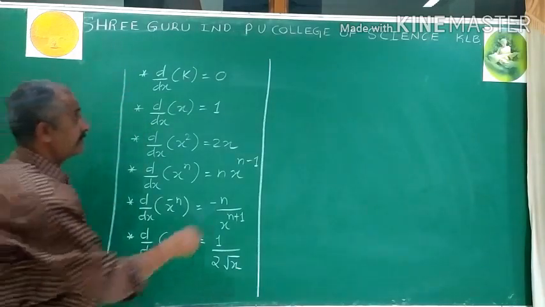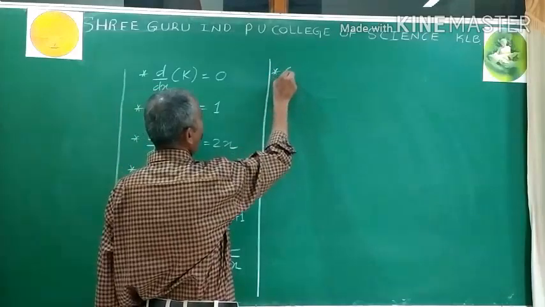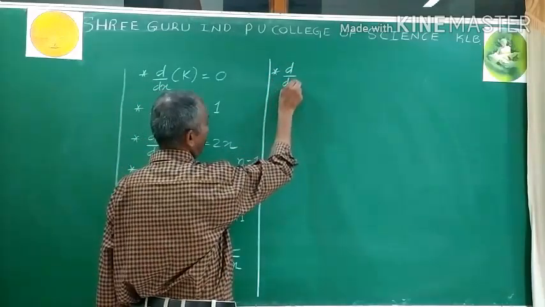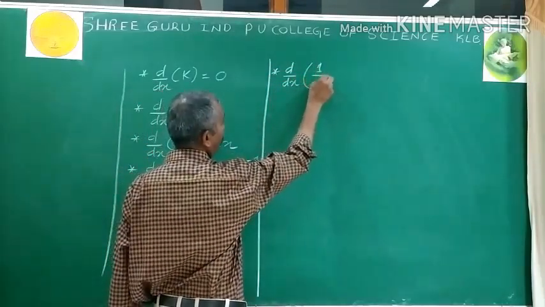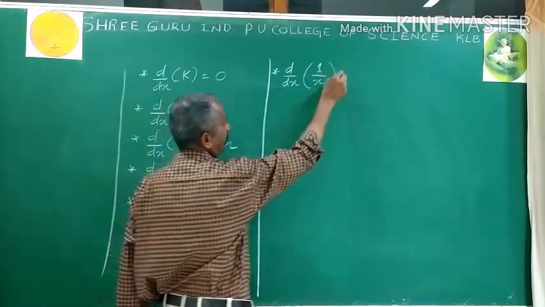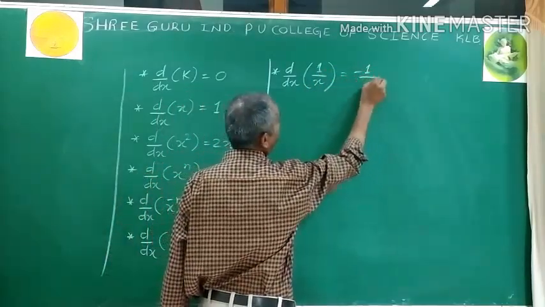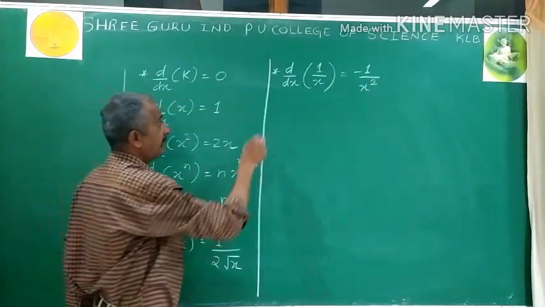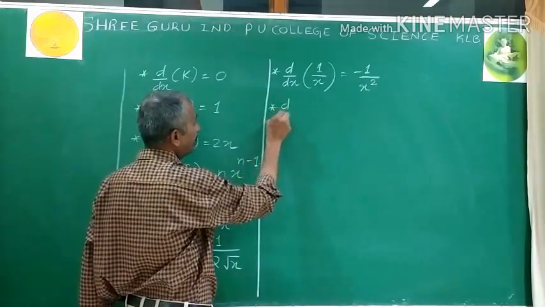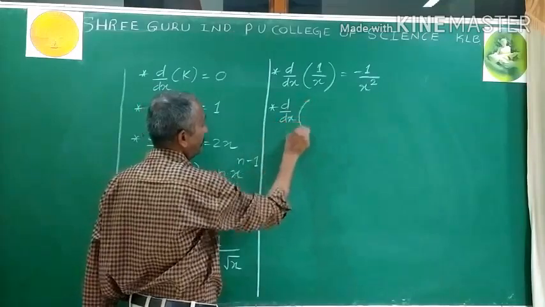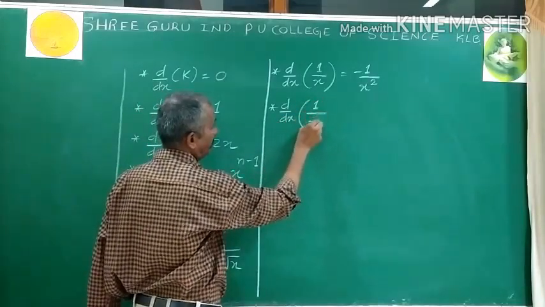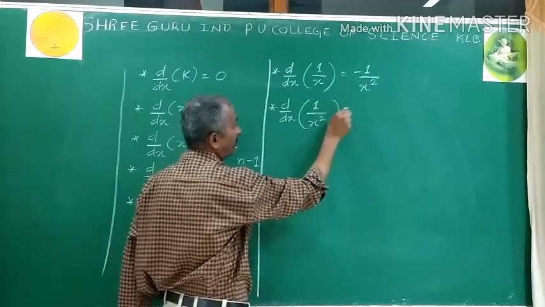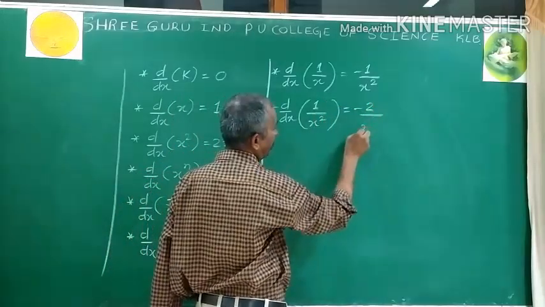The next formula is the derivative of 1 by x, which is minus 1 divided by x square. Similarly, the next formula is the differentiation of 1 divided by x square, which is minus 2 divided by x cube.